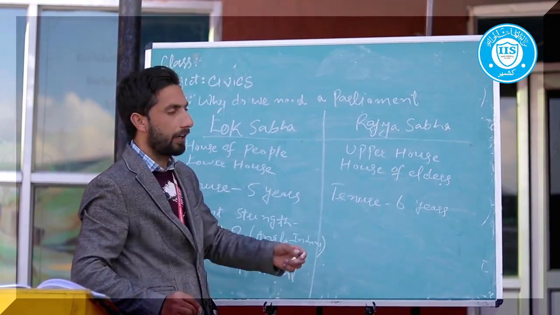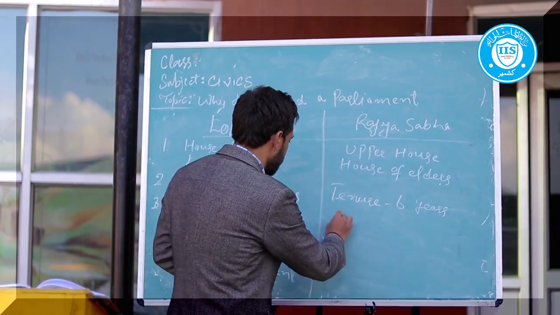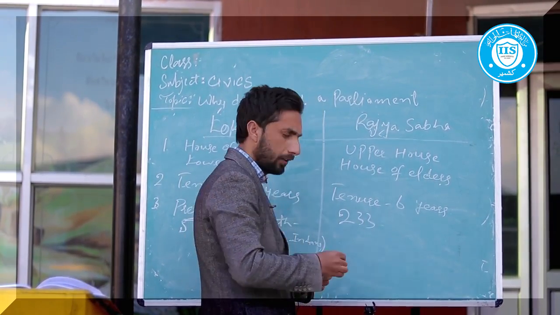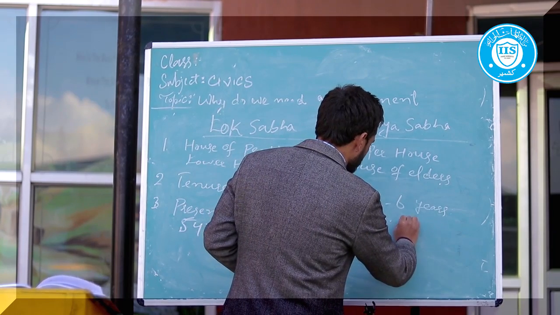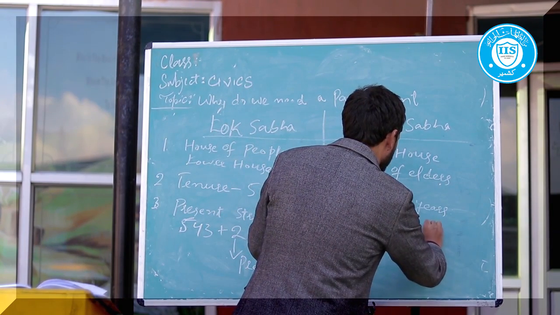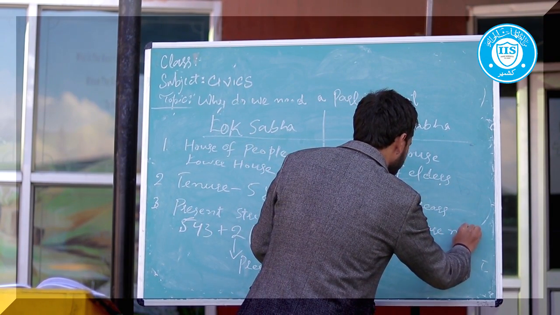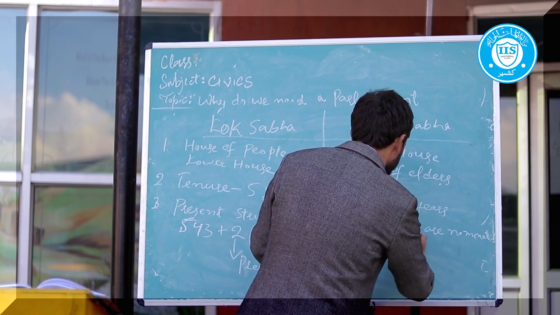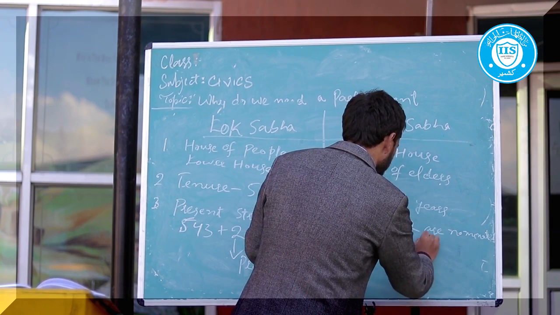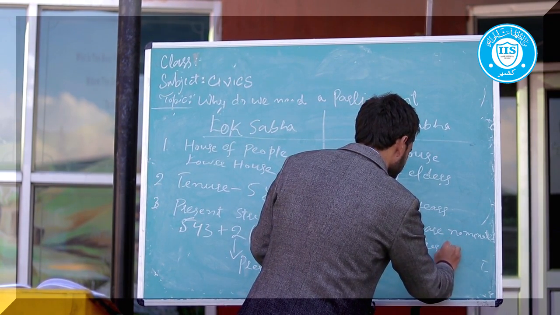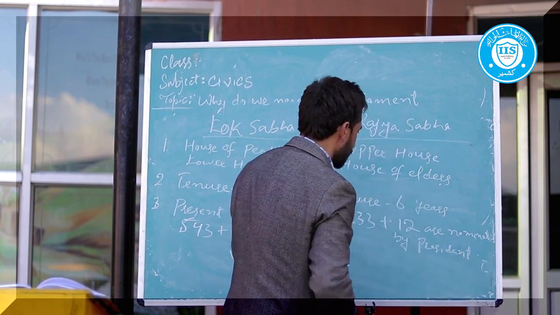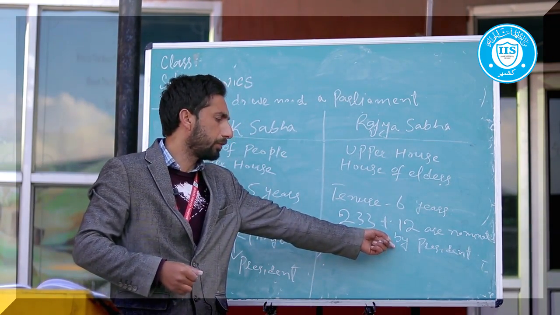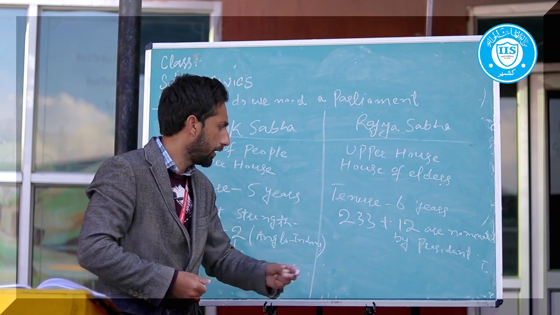Now coming to the Rajya Sabha, it has 233 members plus 12 nominated by the president. These 12 members are well-known personalities from the fields of science, art, etc.